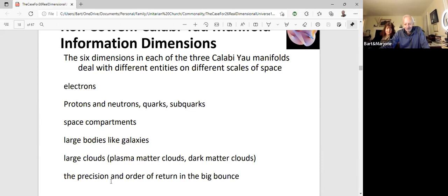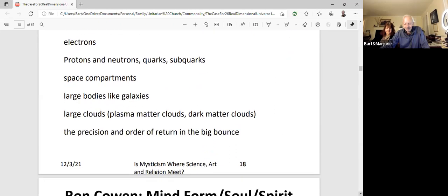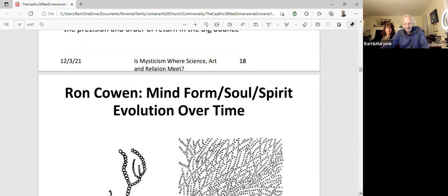And the very final one was where he flagged the order of return in the big bounce: the dark energy that's pushing everything away right now is going to eventually reverse and bring everything back in, and space itself will collapse and bounce again.